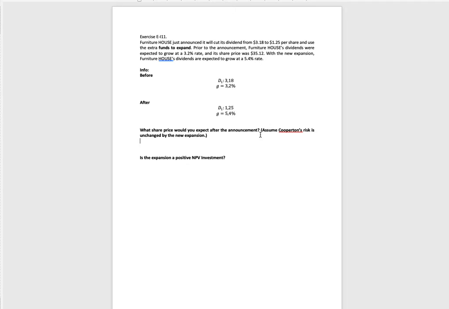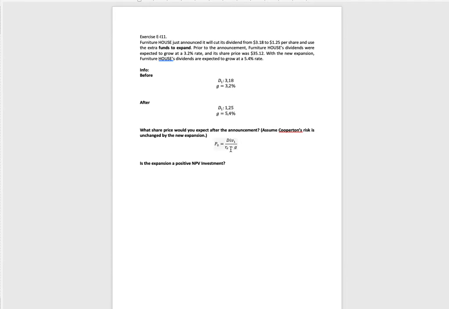And we know from the dividend discount model, the constant dividend growth model, that the price is equal to the dividend in year one divided by the expected return to equity, what the equity holders expect to earn from this stock.